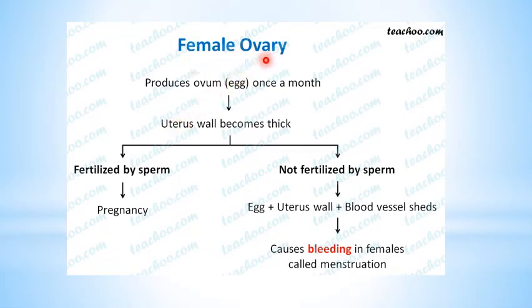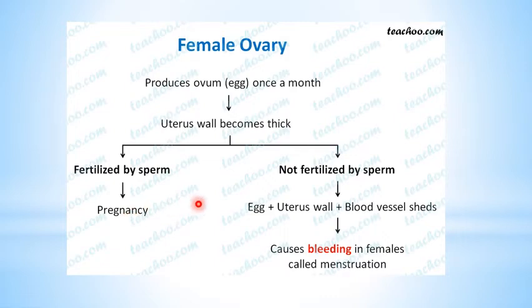That is, the female ovary produces an egg or ovum once a month, either from the left or the right side. The uterus wall will become thick every month. If the egg gets fertilized by the sperm, the condition is pregnancy, and then there will be the development of the embryo. The embryo will be there for 9 months, that is gestation, and then there will be the delivery of the child.